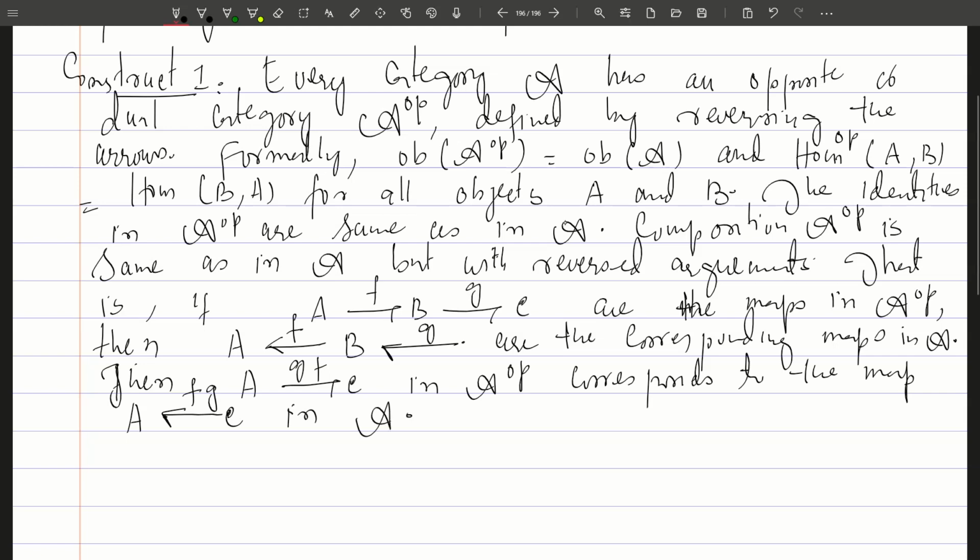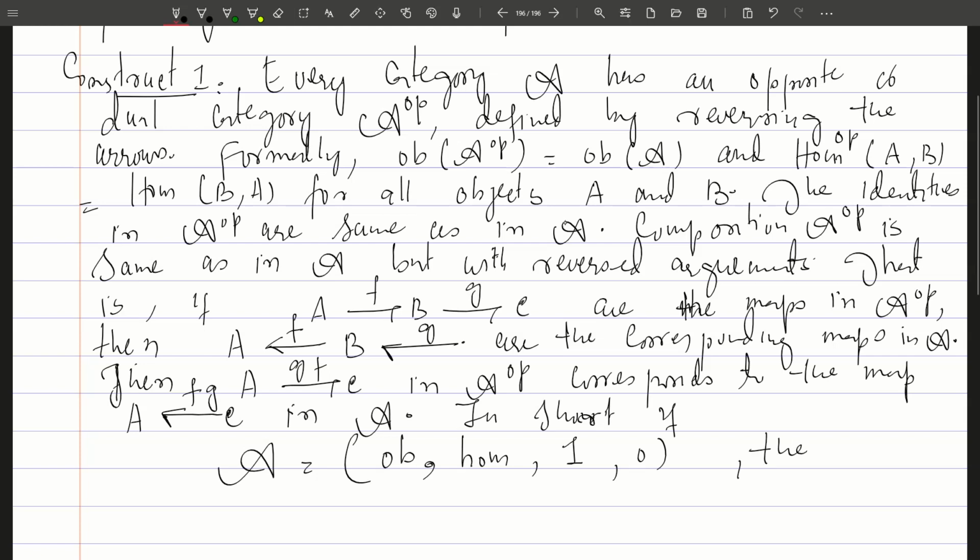So in short, if the given category is like this, it has the class of objects, the class of morphisms, the identity map, and the composition.